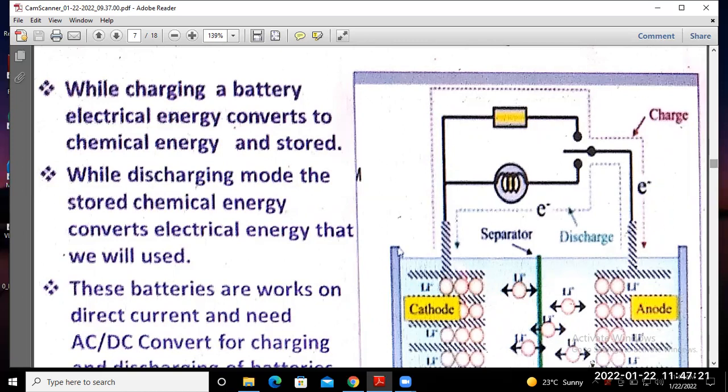While discharging, the chemical energy is converted into electrical energy that will be used. These batteries work on direct current and need an AC and DC converter for charging purposes.